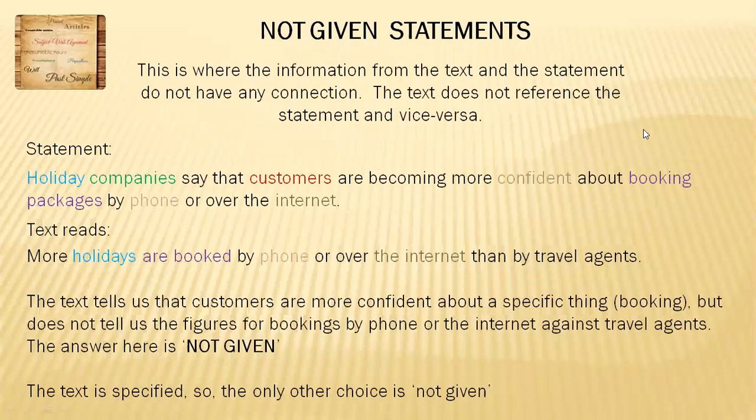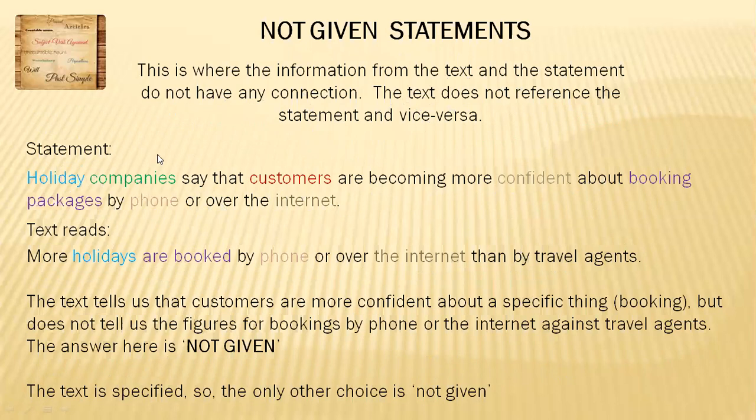Not given statements. This is where the information from the text and the statement do not have any connection. The text does not reference the statement and vice versa. So, statement. Holiday companies say that customers are becoming more confident about booking packages by phone or over the internet.